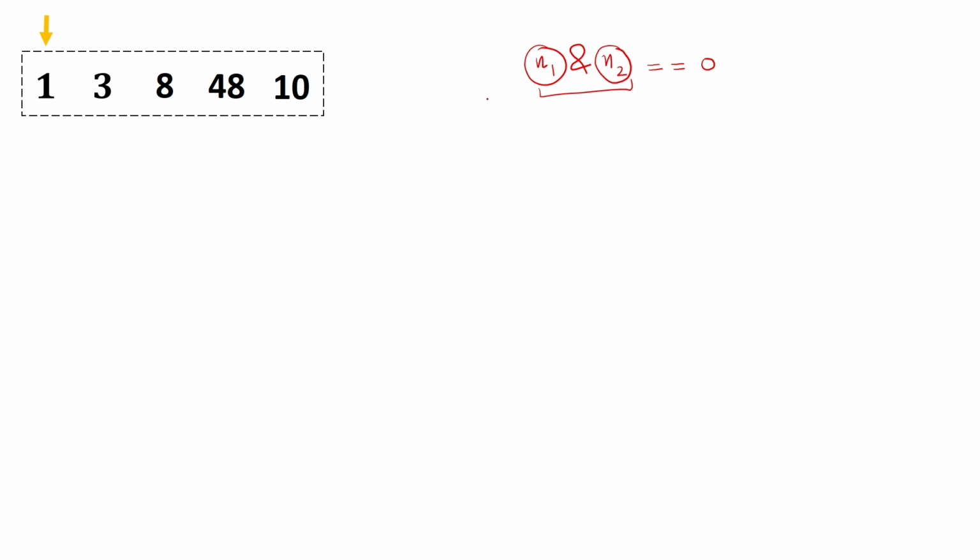Now what does bitwise AND mean? Say for instance you have an element, n1, that is 0, and you have another element, n2, that is equal to 1. Doing a bitwise AND means, first of all, you represent each element in its binary representation. What is the binary representation of 0? It is 0 and 0. What is the binary representation of 1?